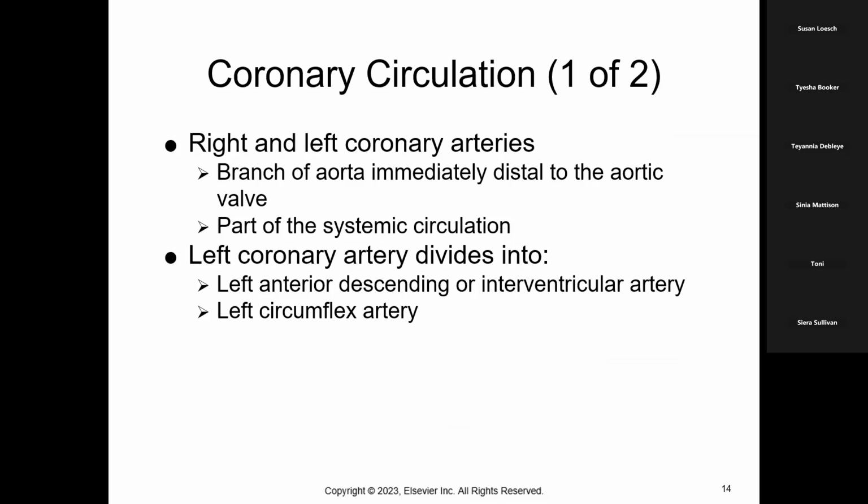When the heart is in diastole, it's relaxed, okay? And that's when the majority of the blood flow occurs. When it's in systole, it's contracting, and so the blood vessels and the muscles are being compressed. So there's less blood flowing through at that time. That's why if someone has like AFib or VFib, it's a problem, because the heart is constantly contracting.